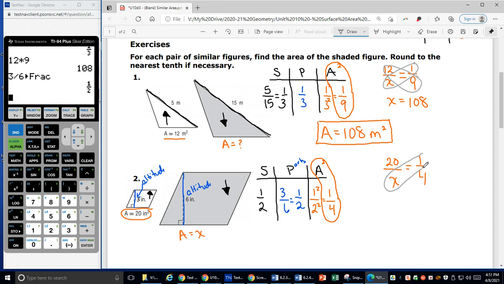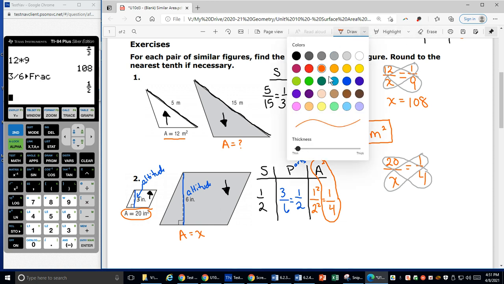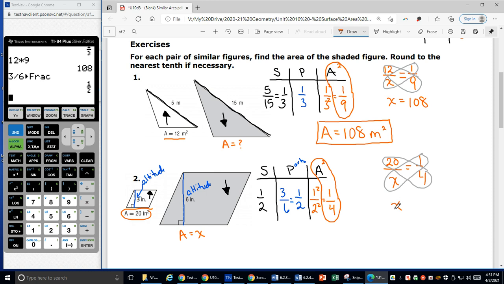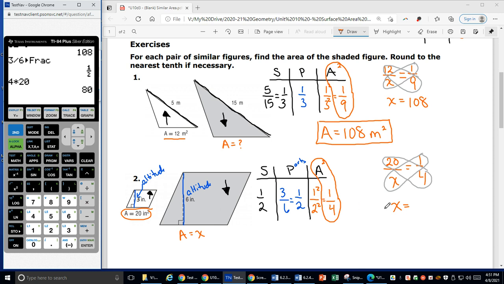X times 1 and 4 times 20. X times 1 is just x, and 4 times 20 is, I believe, 80, but it's nice to just check and make sure 4 times 20 is 80. So my area here is going to be 80, and my units are inches squared, since it's area.